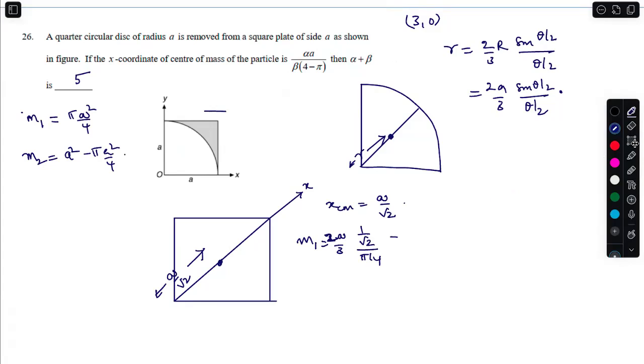M1 into, plus M2 times, M1 is the removed portion. And some R, I am assuming some R by root 2 is my answer, by M1 plus M2. It is nothing but a square.